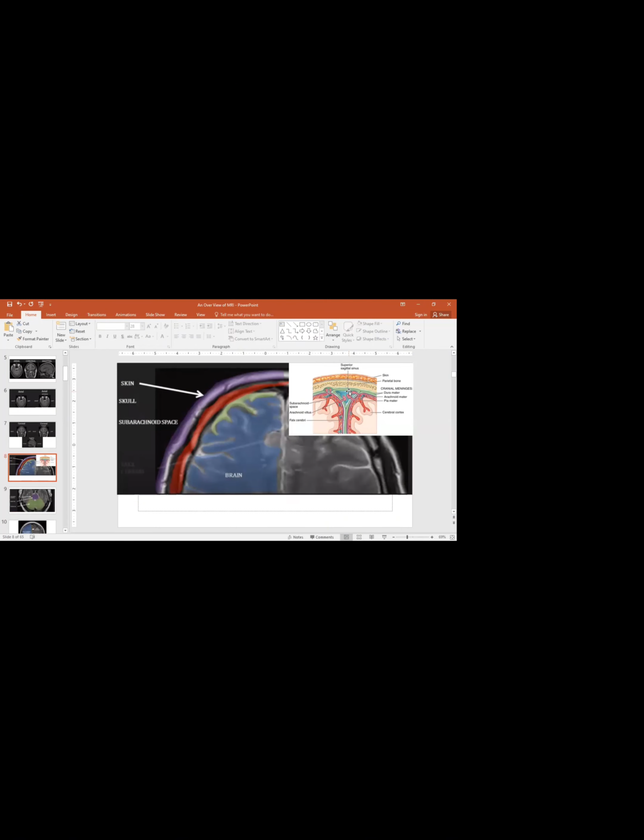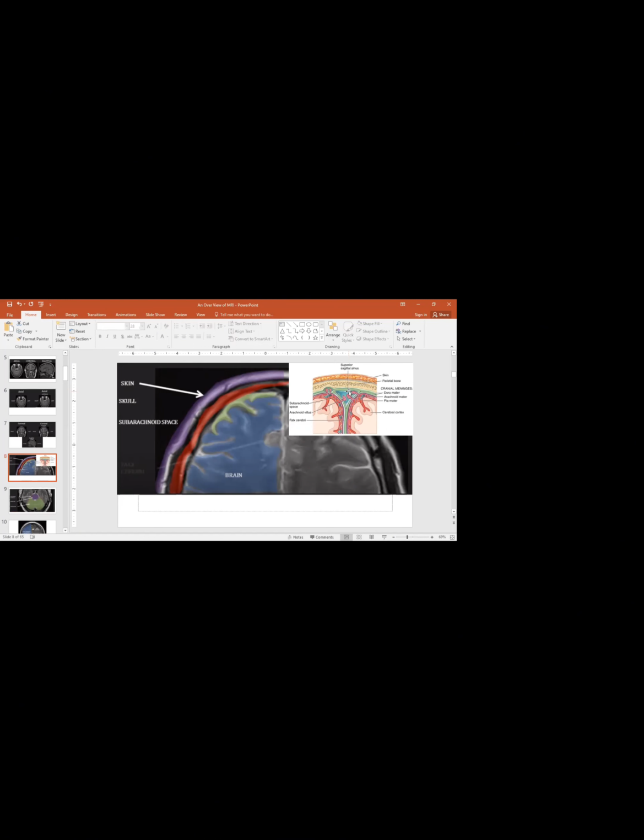We call them meninges. The first one, the dura mater, is adherent to the skull bone, and second to the dura mater there is the arachnoid fascia, a very strong type of membrane. Then the third is the pia mater, which is strictly adherent to the brain substance.